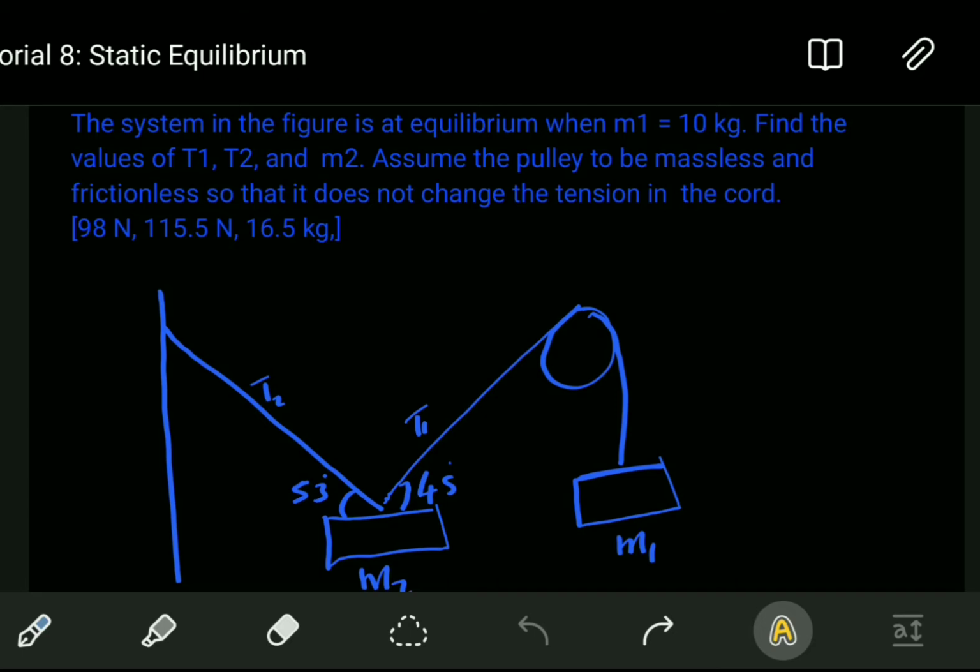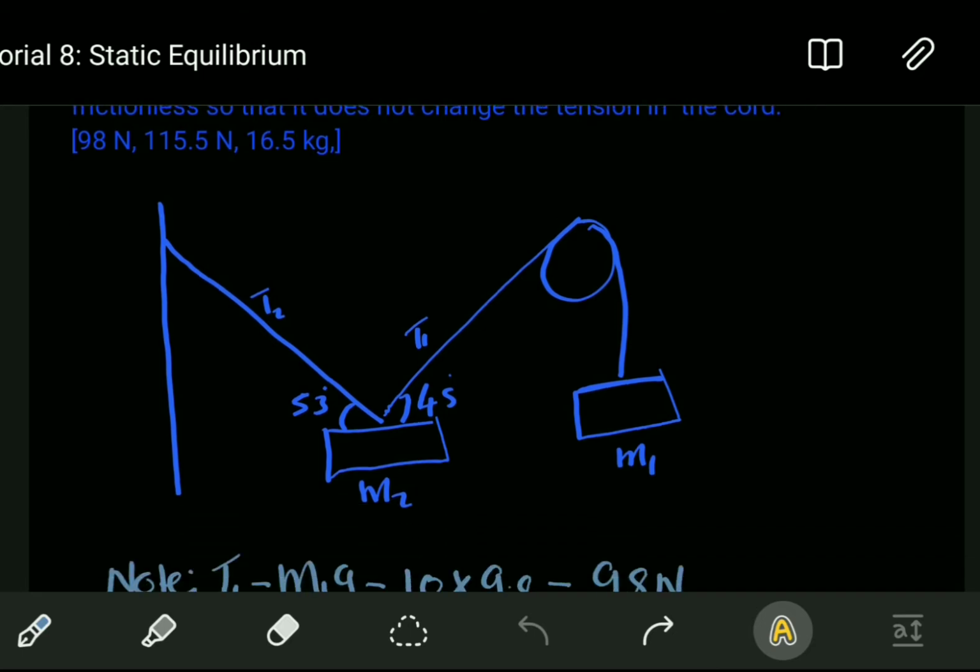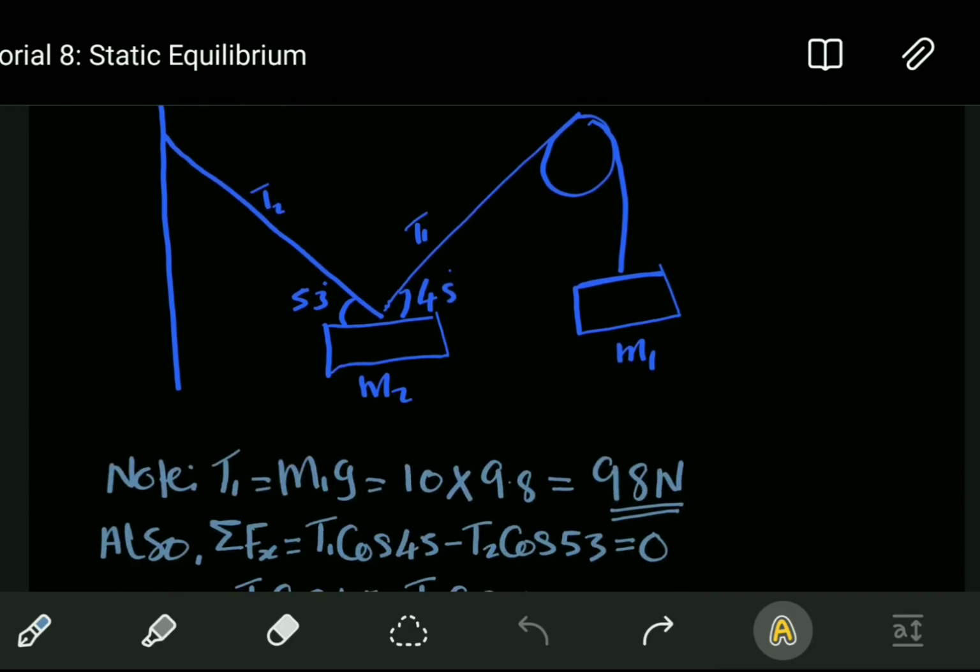The system is in equilibrium here, and when we look at the tensions, they are making an angle with the x axis. So then we are going to consider the forces in the x as well as the forces in the y.